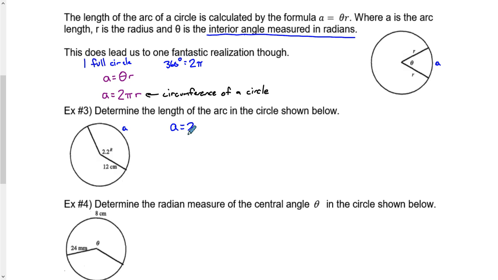So our theta is 2.2, our radius is 12, that arc length is 26.4, and our unit is actually centimeters. So this is a really quick little bit of information. Yes, of course, I'm going to make it a little bit harder.